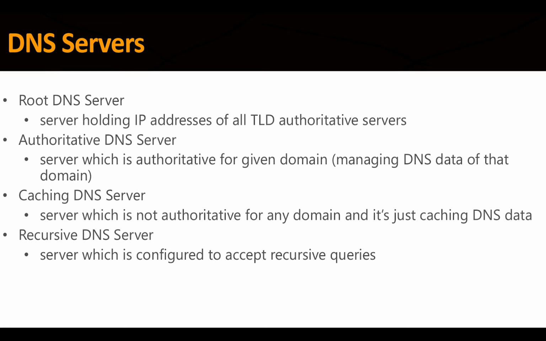The second category is the authoritative DNS server. This means that the server contains, is responsible for, and manages the information about a given domain. For example, you can have an authoritative server for .com or for any other domain, such as your own company domain. The third category is the caching DNS server. This is a DNS server which has the capability to store requests.